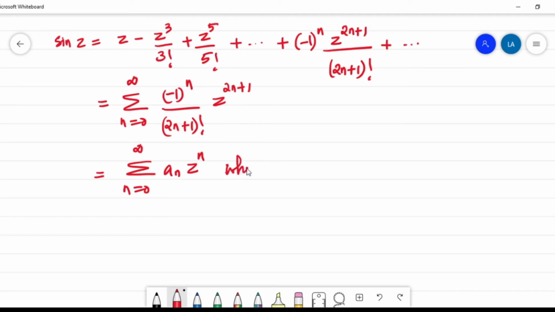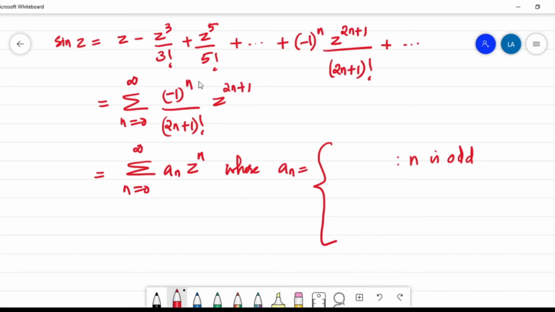So as we had done earlier, here we will say a n is equal to, in two cases, the odd terms will have the coefficients when n is odd. When n is odd, we know that for the term z raised to 2n plus 1, I am having n here for minus 1's power.